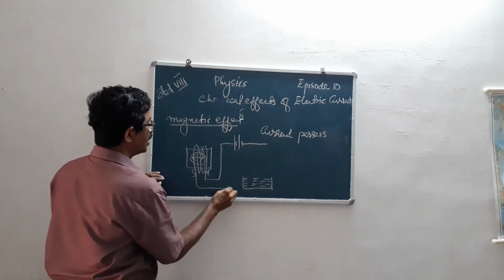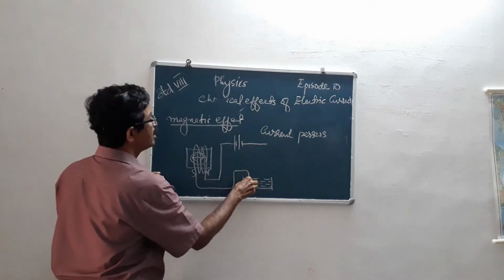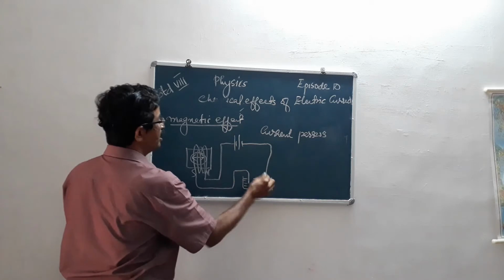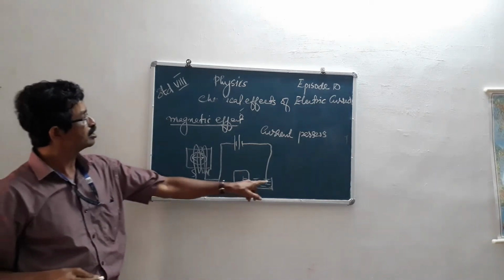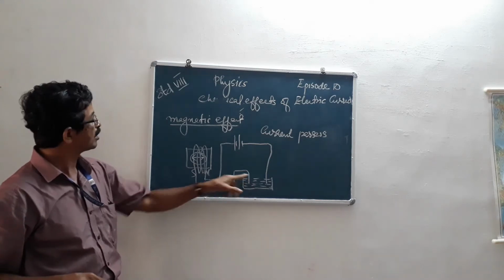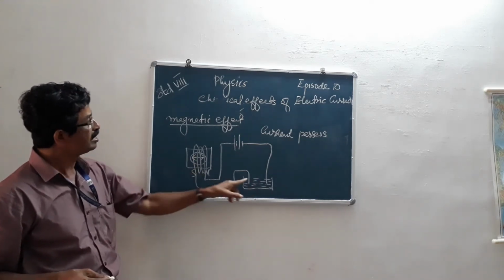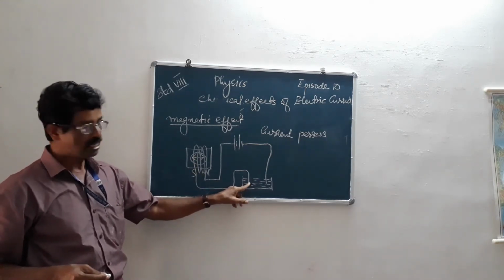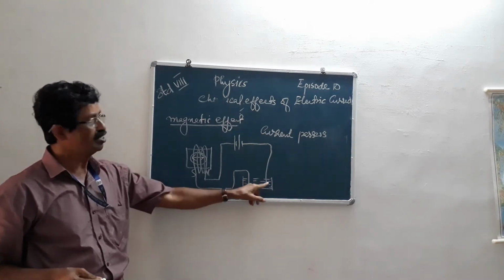The other end is taken this way, and now the two terminals, the free ends of this tester, are in the liquid, that is, in vinegar or lemon juice.